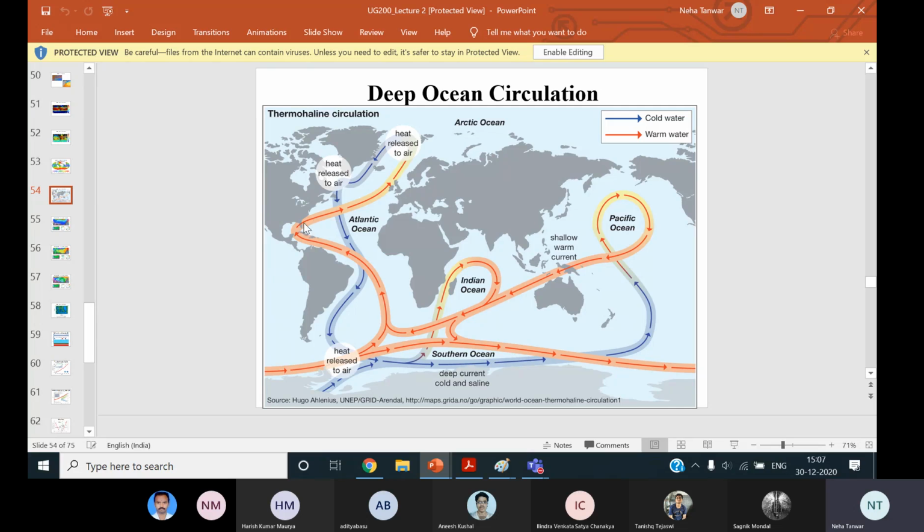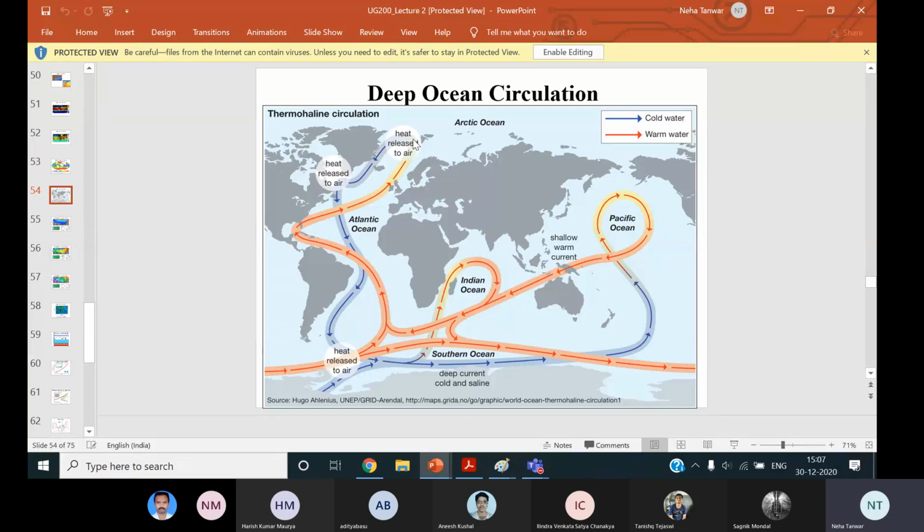So as they move up towards the pole, what happens? They become cold, but their salinity is high, so overall their density is going to be very high. And what we saw is that a parcel of high density water mass cannot be supported on a low density water mass.